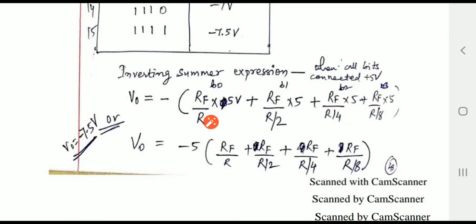Rf is chosen as 1 kilo ohm. Taking 5 common, we have 5 times Rf by R, Rf by R2, Rf by R4 and Rf by R8. This 5 represents that all the binary inputs are 5 volts because they are connected to the reference voltage. If I substitute all the resistor values, I will get V0 as minus 7.5 volts.